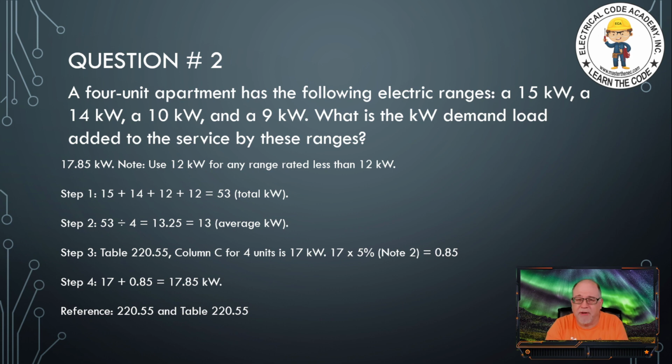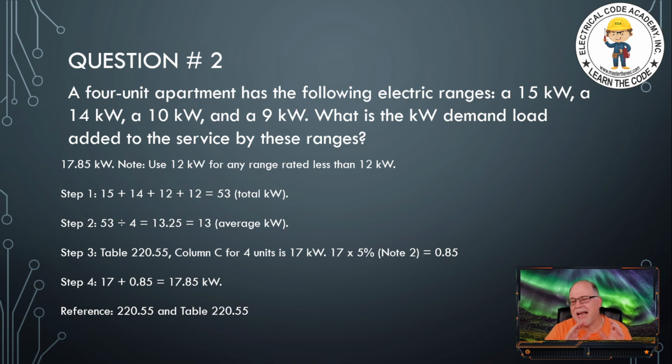Okay, major fraction. So 0.25 is not a major fraction. 0.5 and greater would be a major fraction. So in this case, 13.25, you drop the 0.25, it's just 13. So it exceeds 12 kW by 1 kW. And it said you increase the value in column C 5% for every kW that exceeds 12 kW.